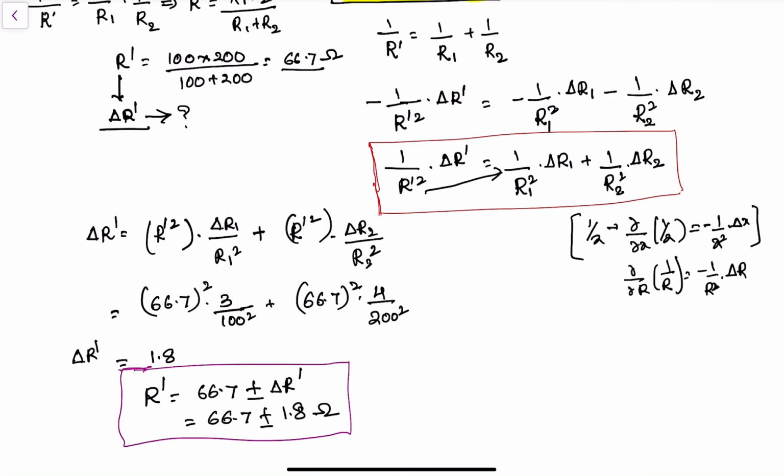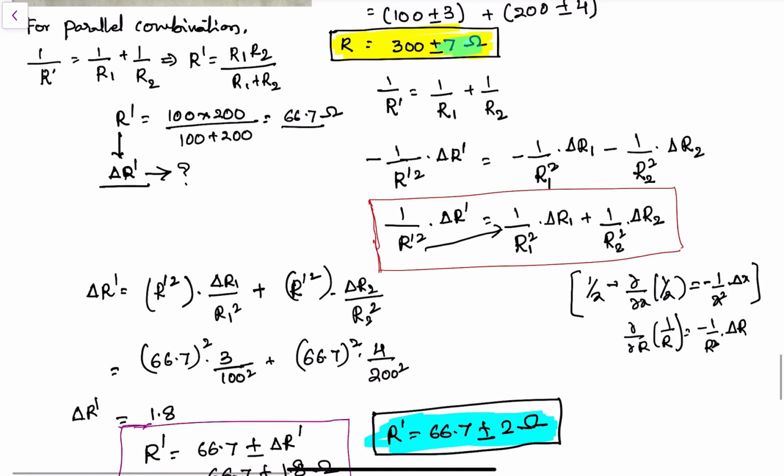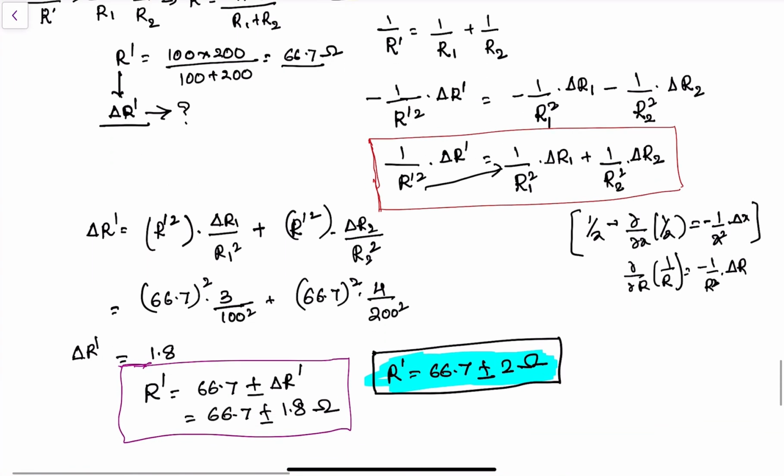For our convenience, let us write it as 66.7 plus or minus simply 2 ohm, right? So these are the simple answers that we want. The uncertainty in the resistance combination in parallel we had calculated, and the uncertainty in the series combination we calculated, right? So these are the simple procedures we'll find out.